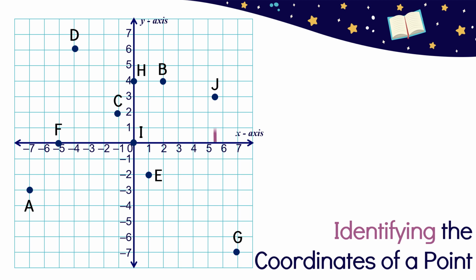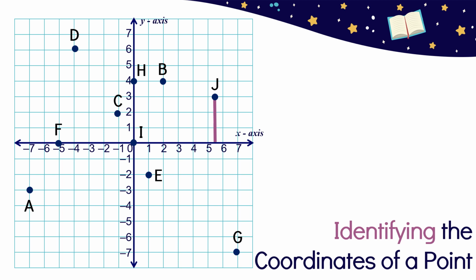But if we place a vertical line, we have the line at the middle of 5 and 6, meaning the first coordinate is actually 5.5, which can also be 5 and 1/2. So be careful in plotting points.